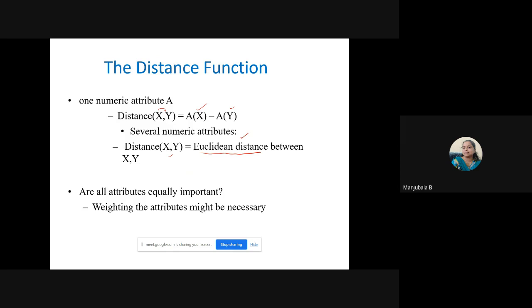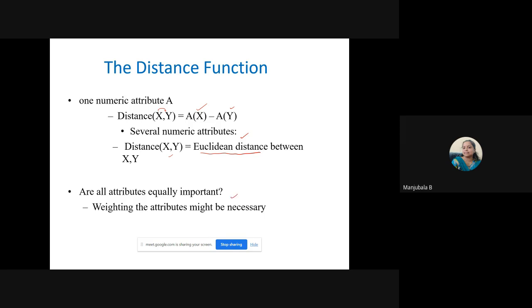clusters. If your data set has multiple attributes, whether all the attributes are equally important, for that also you have to do some analysis. So you can assign weights to the attributes, and the attributes which have the higher weights, those attributes also you can form clusters among themselves.